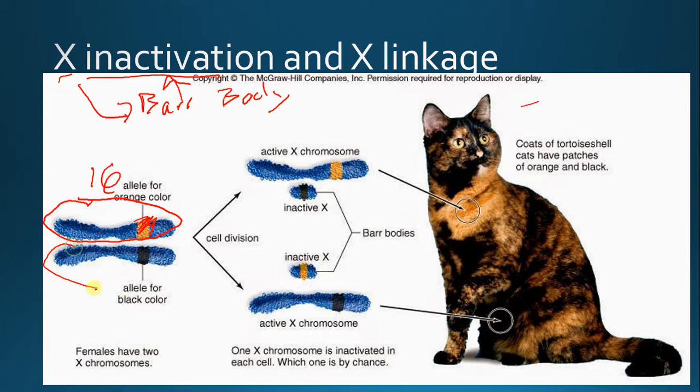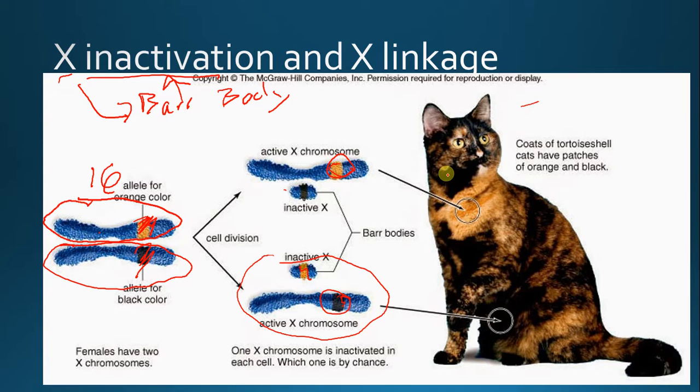And in the other half, maybe the chromosome with the allele for black was deactivated. And these cells multiplied and duplicated until we had an adult cat where some of their cells had the orange color still present, where the black got deactivated, and the other half of their cells had the X chromosome with black color present, orange deactivated.